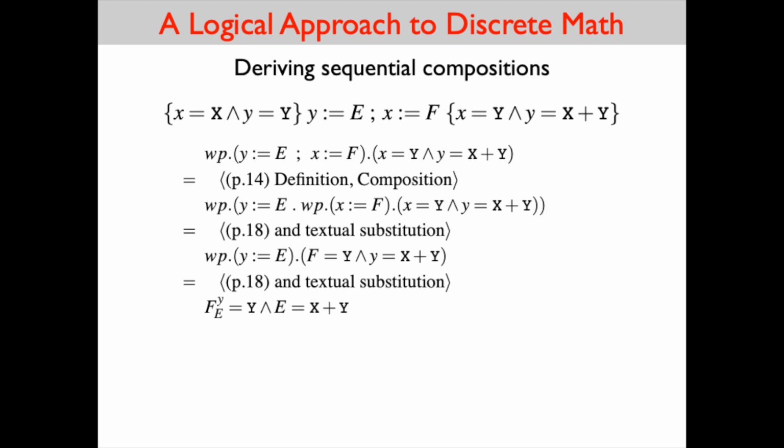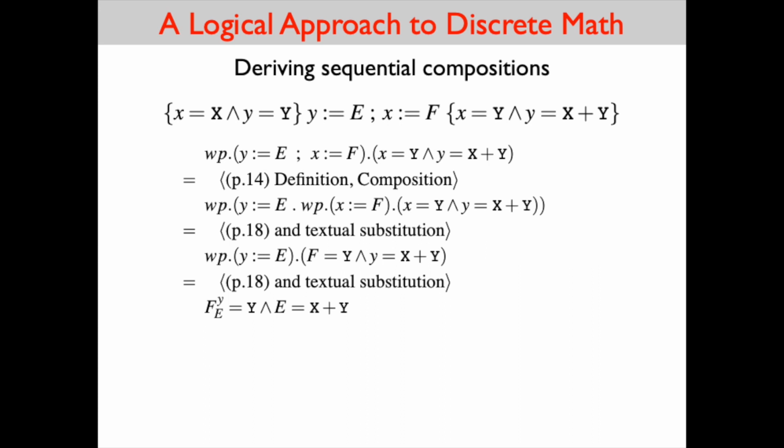Remember, f with the superscript y and the subscript e is an abbreviation for f with y replaced by e. So that's why we need that. This is where the complication comes in, because our unknown was in the second assignment statement, and so it needs to be included when we do the textual substitution of the first one.